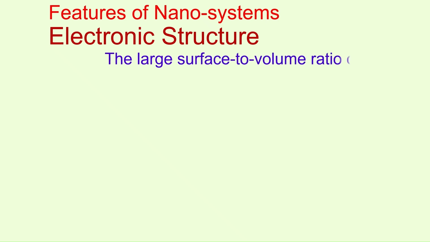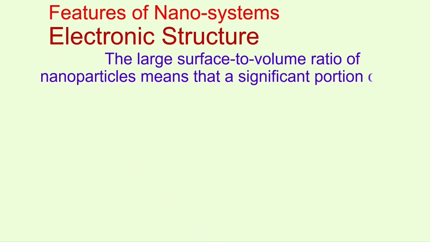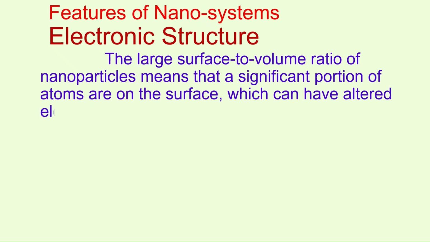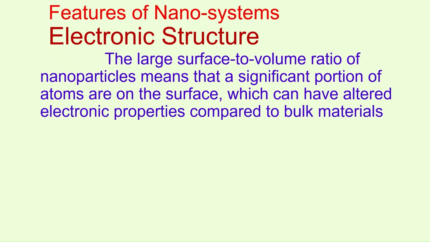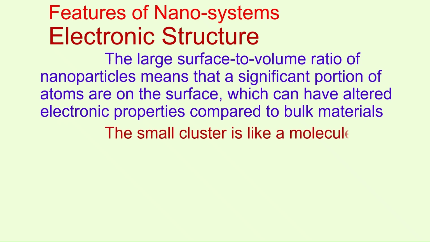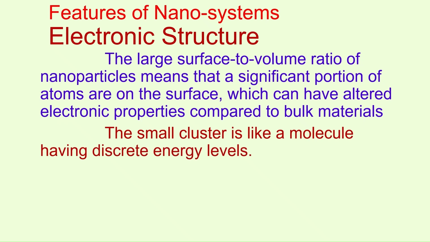The large surface-to-volume ratio of nanoparticles means that a significant portion of atoms are on the surface, which may have altered electronic properties compared to the bulk materials. The small cluster is like a molecule, having discrete energy levels.